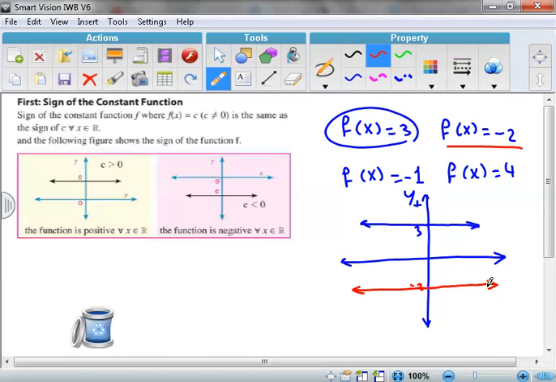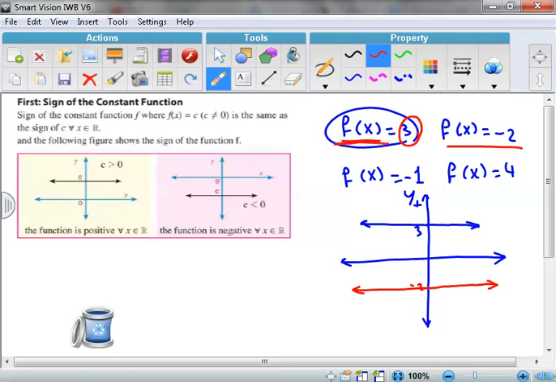Then we say f of x is less than 0 for all x belonging to R. Then the constant function has the same sign as the constant number. If the number is positive, the function is positive.